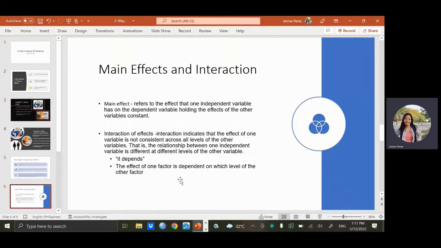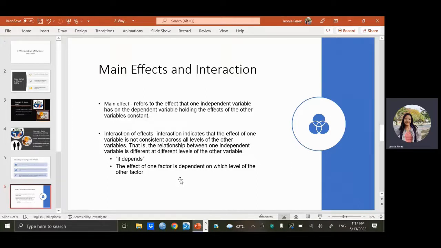So we say educated voters are more critical in their voting behavior if they are males, okay, than if they are females.